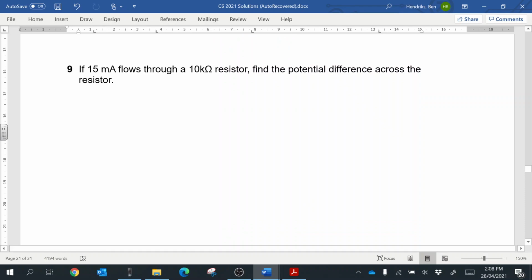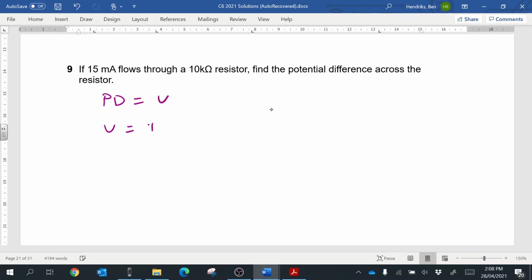Speak of the devil. 15 milliamps flows through a 10k ohm resistor. Find the potential difference across the resistor. Potential difference, PD, is equal to V. V equals IR, which is equal to 15 times 10 to the negative 3. Milli means 10 to the negative 3, just like it always does. 10 kilo is 10 times 10 to the 3.